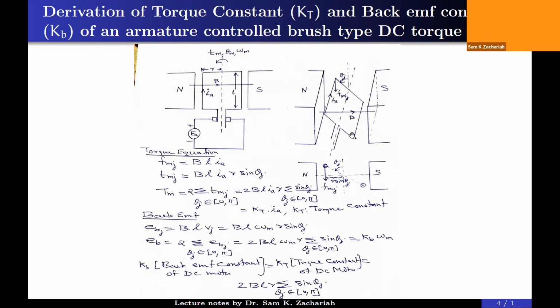Now this is one coil only. The next coil, which is slightly shifted in angle from this coil, will be connected at the end of this coil. So they are additively connected so that all the voltage will be added.